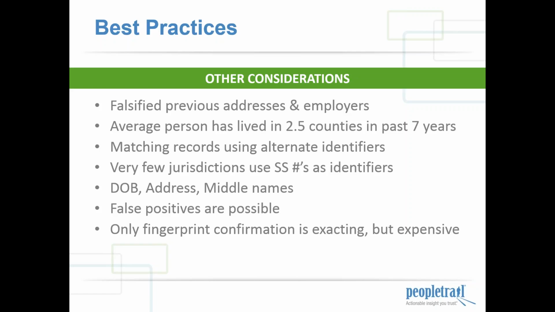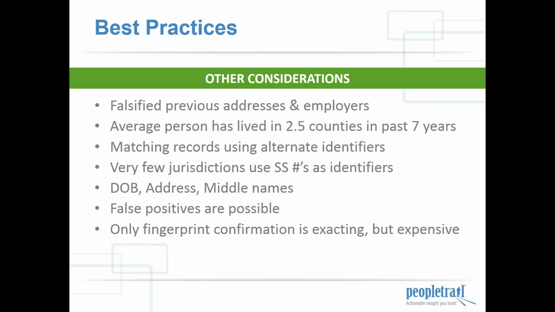And then matching records using alternate identifiers, not just the name and address or the name and date of birth. Very few jurisdictions use Social Security numbers as identifiers, but we can find that from other things, like rental applications. A lot of times we found people putting in their date of birth wrong.